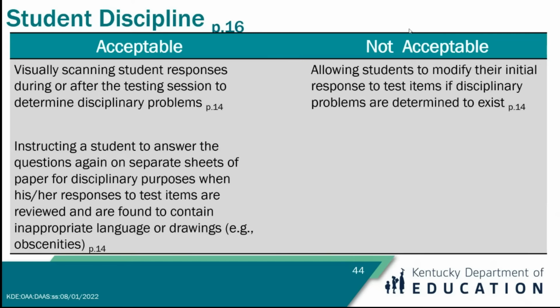The original responses shall be submitted for scoring to the test contractor. The paper on which the retaken item is answered should be considered a secure material and shredded along with scratch paper. No changes may be made in the original response recorded in the student response book or online text box. Only a school administrator should be handling this type of situation.